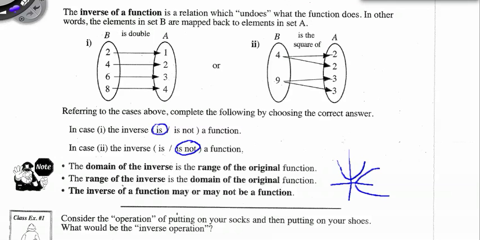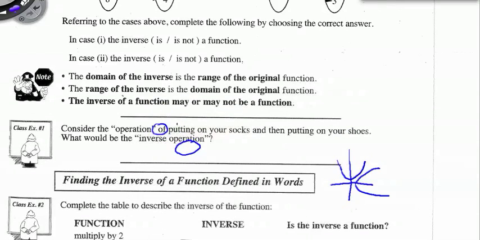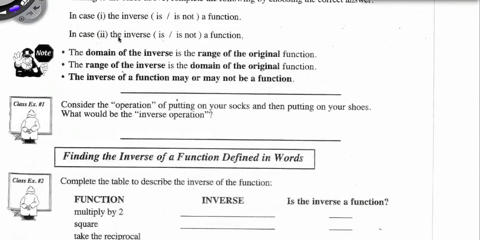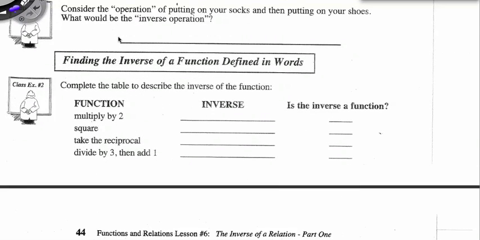I'll just scroll down here and clear first of all. Okay, class example 1. Consider the operation of putting on your socks, then putting on your shoes. What would be the inverse operation? Well, the inverse operation would be taking off socks, no, is that right?